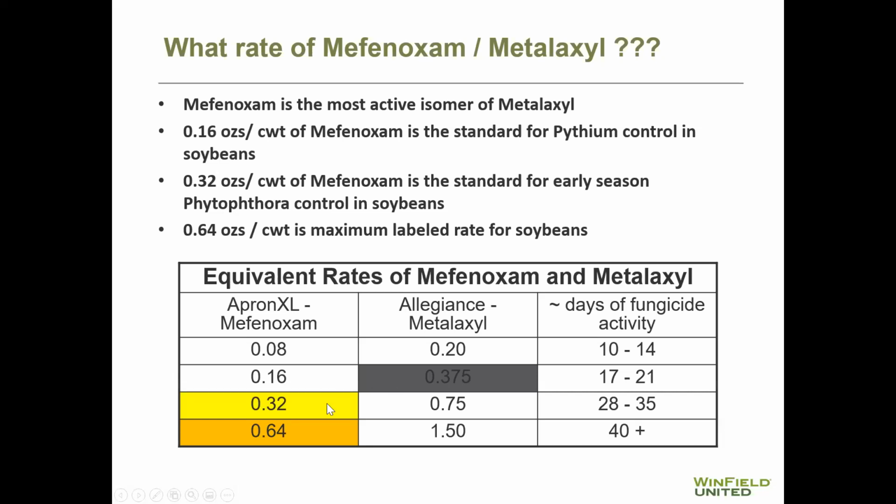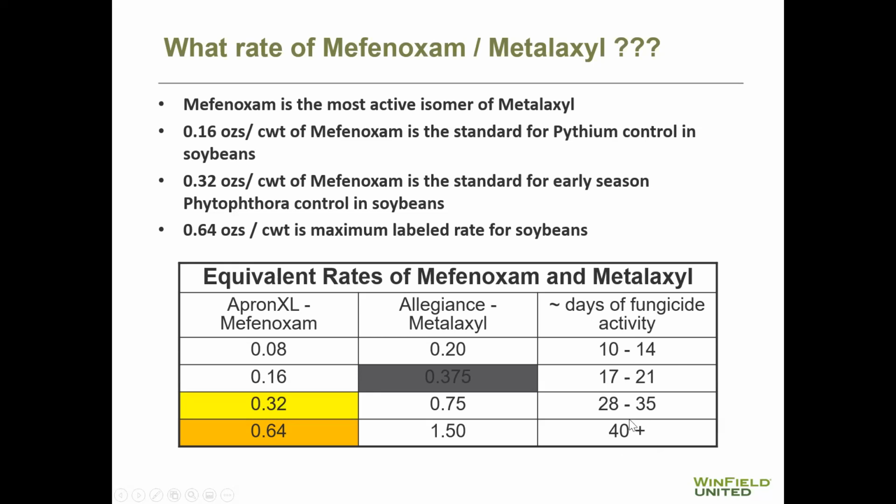Okay. One of the things that does set the Warden CX above some of these other seed treatments is we have the highest labeled rate of methanoxin in the formulation that we can have, which provides us 40 plus days of activity.